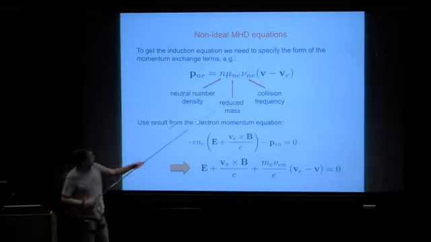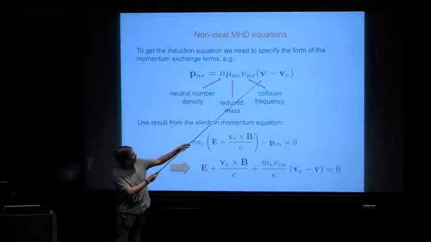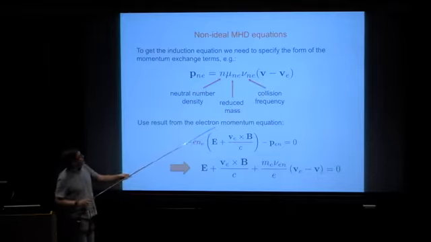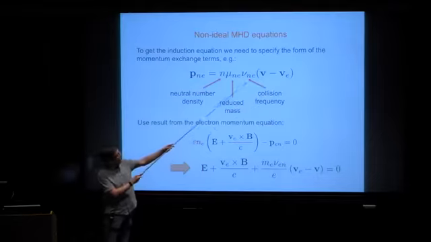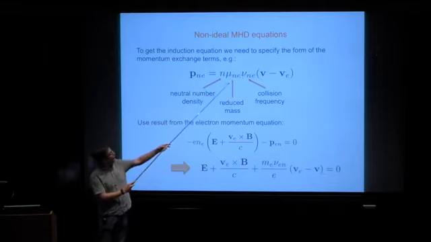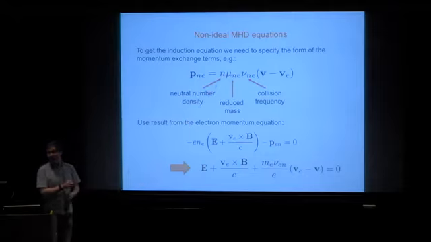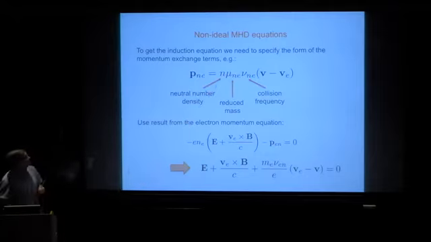So it's going to obviously depend on the velocity difference, the velocity between the neutral species and the electron fluid. It's going to depend on the collision frequency, which I'm writing as nu here, on the number density, and on the reduced mass for how much momentum we get when we get a collision.